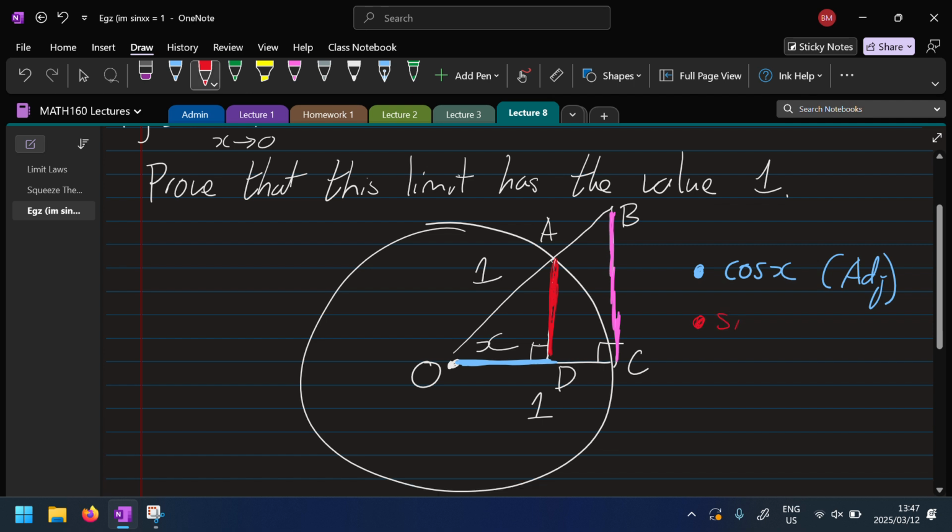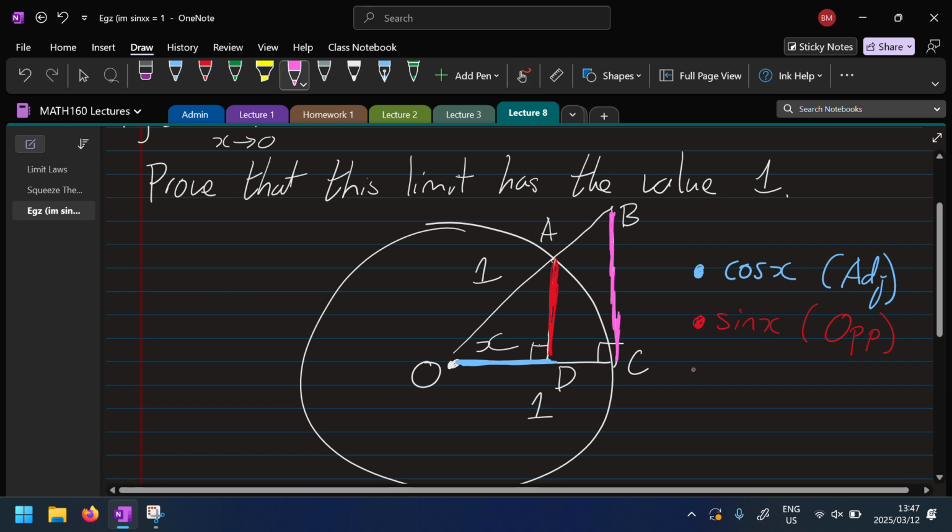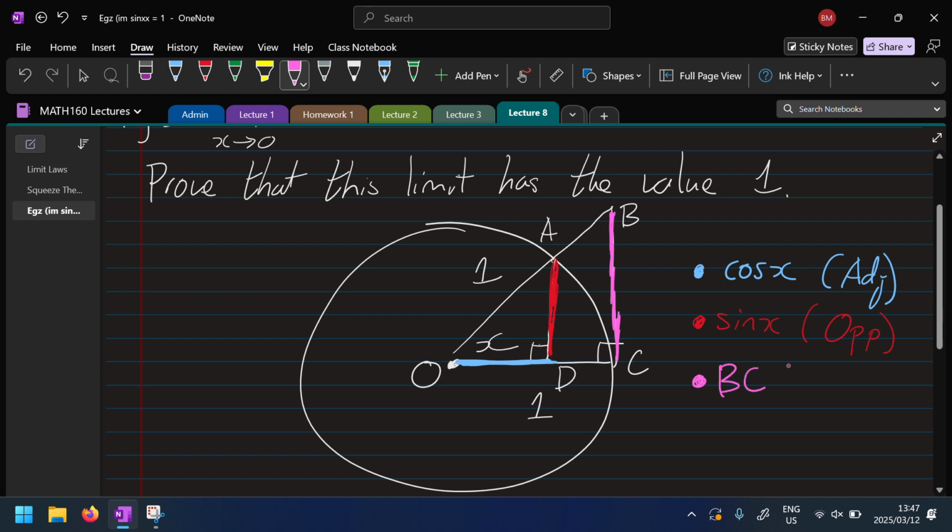The red, that is sine x, that's the opposite. These are just your trig ratios. You've covered that before. And then lastly, BC, that is the opposite over adjacent, right? Because we know the adjacent is just 1, so that will be tan.